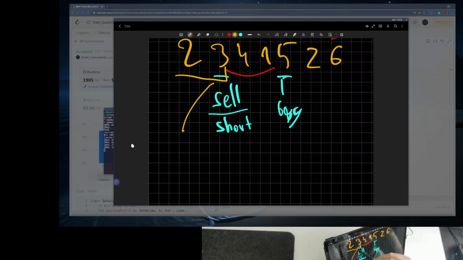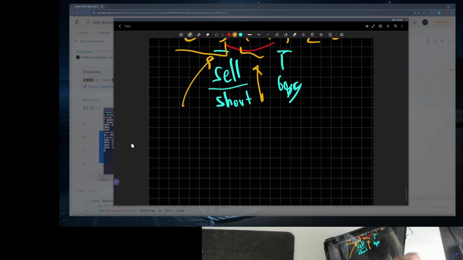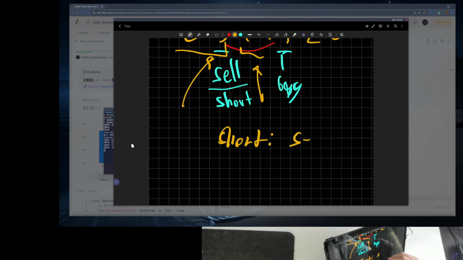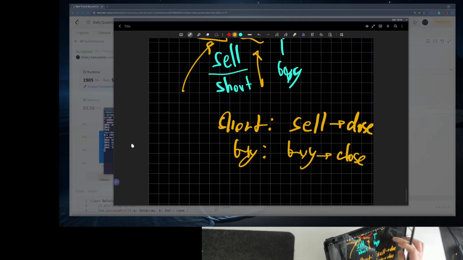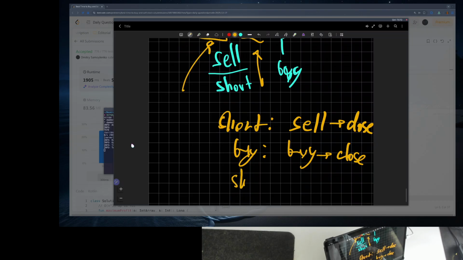So if one deal is on day 3, we can start another only on day 4. So our deals are either short, you sell, then close, or just buy, then close, or you can skip the day.